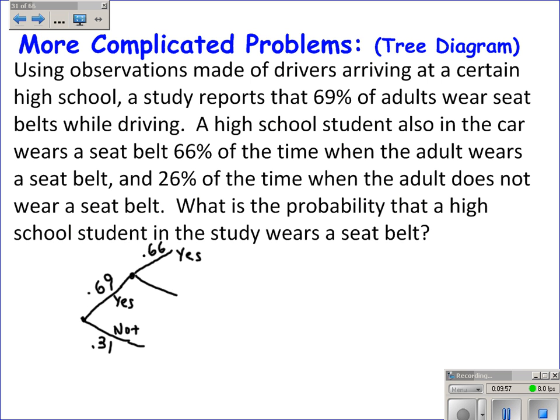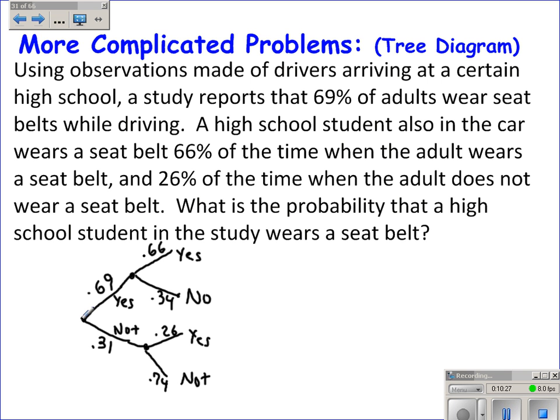Which means the adult is wearing it and the student is not wearing it is going to be 1 minus 0.66, or 0.34. Now given that the adult is not wearing their seatbelt, a student will wear a seatbelt 26% of the time, which means the other 74% of the time they're not.